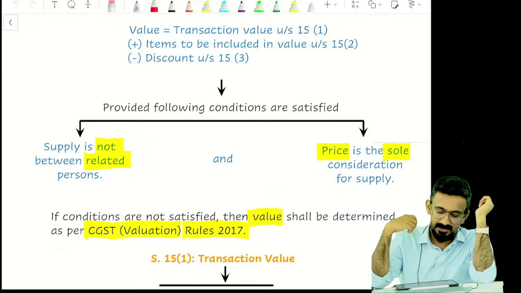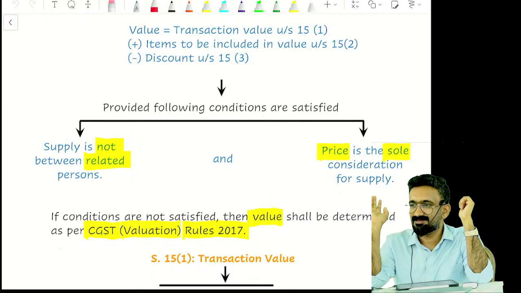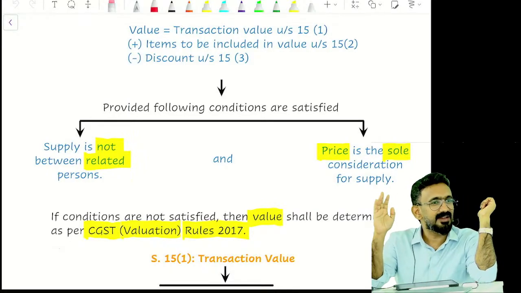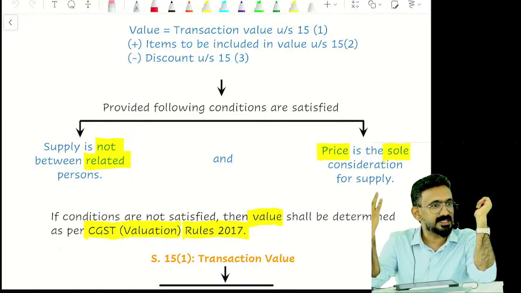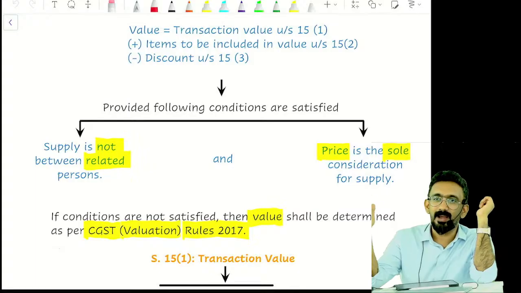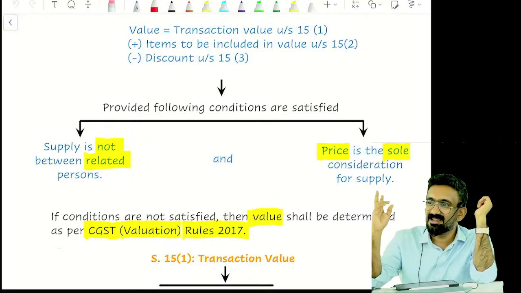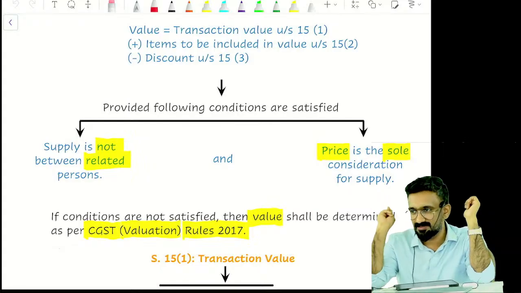Understanding? What will we do? Directly go to the question. Section 15 value is not something that I have to take as a theory topic. Go to the question, we will understand how the questions are being tested. Then we will come back to the provision as and when the session is happening and try to understand whether it is to be included or not.